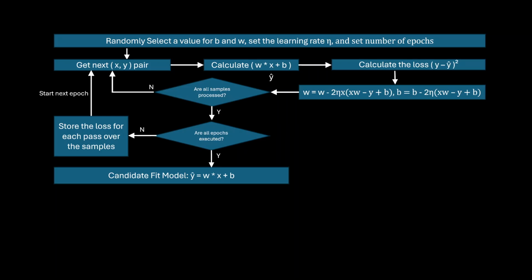If all epochs are executed, so basically we went over all the samples for all the epochs, then we have the final values for the weight and the bias, and this would be our best fit line or our best fit model for now, because it might not be the best.